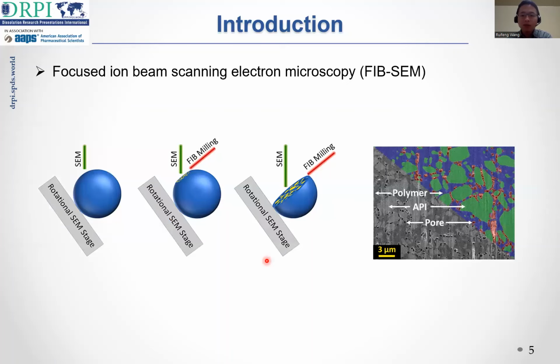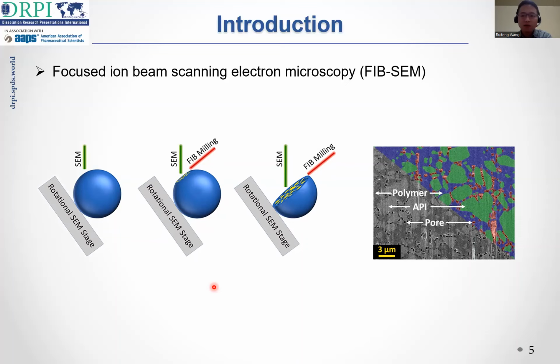Focused ion beam scanning electron microscopy is a new generation electron microscopy imaging platform that supports internal microstructure imaging with high resolution. Compared to the conventional mechanical sectioning technique, FIB-SEM can visualize the cross-section surface with microstructure details accurately maintained.